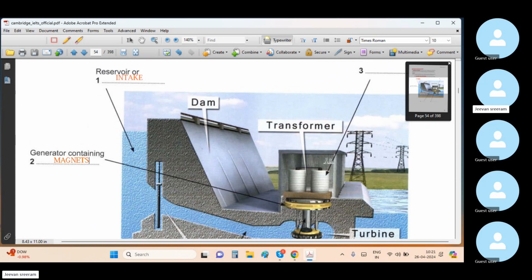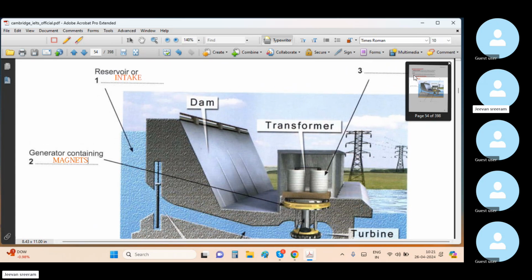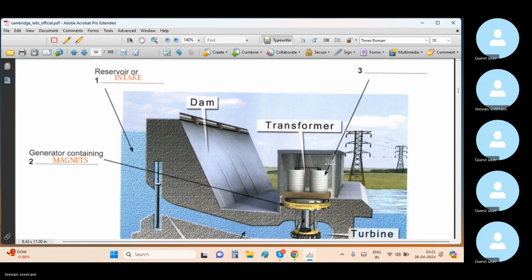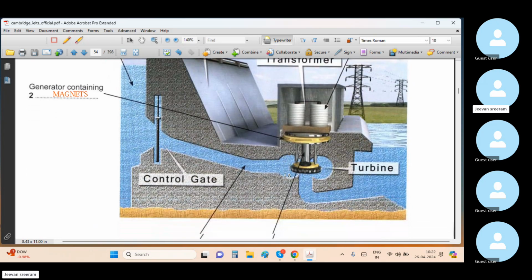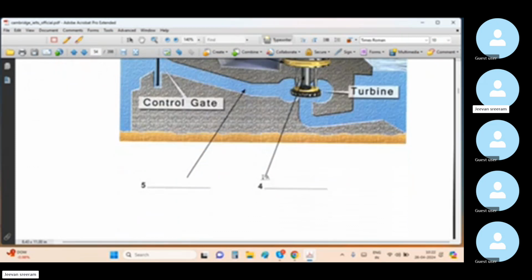The next one, transformer. I need a word related to transformer. What do we have? What's the answer for the third one? What is this? It is transformer, in fact. Again, the arrow mark is pointing towards the transformer. Might be some word related to transformer is necessary to fill in the blank.